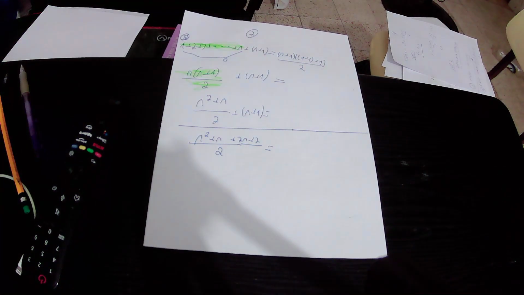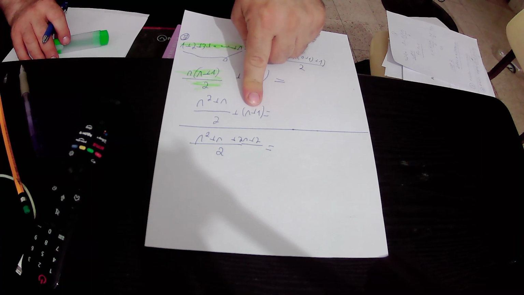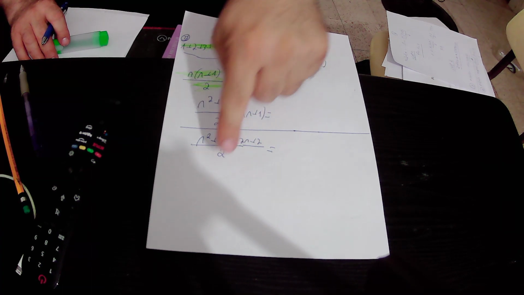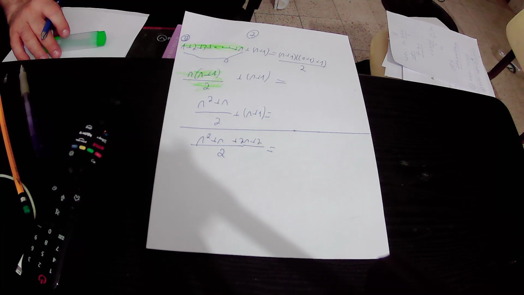Okay, here we actually multiplied n plus 1 by 2 and then divided it by 2, so we changed nothing. You can multiply any number by 2 and divide it by 2.